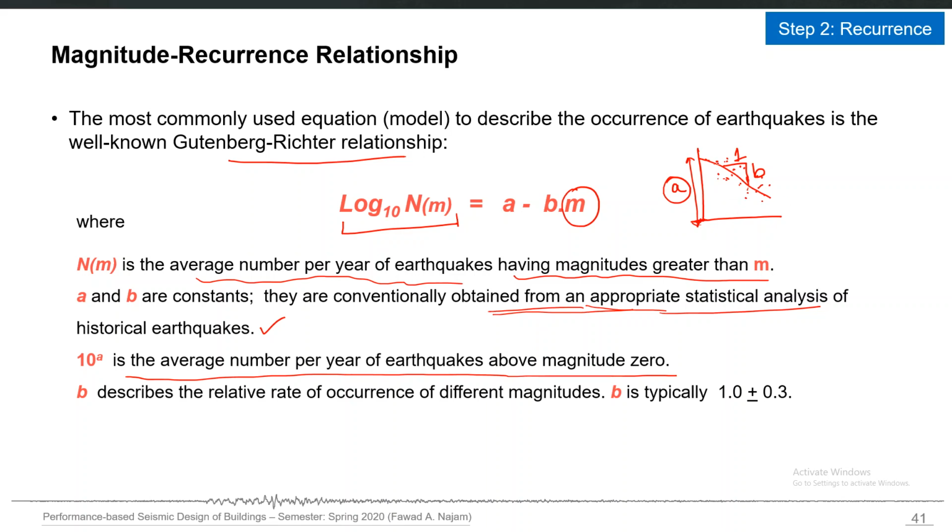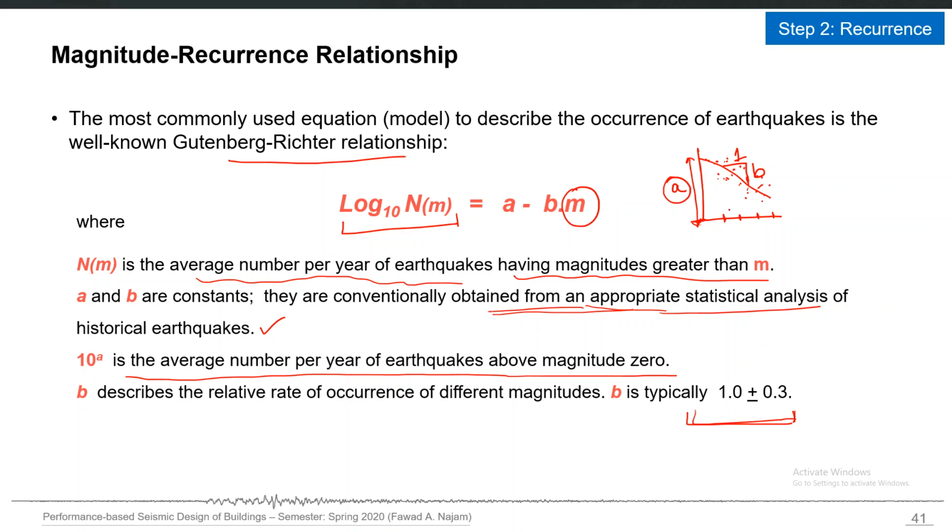It is the slope of this line. So it is telling you the relationship of the rate of occurrence between different magnitudes. The value of b is typically in this range, 1 plus minus 0.3, but actually it depends on the historical records, the number of events for each magnitude.